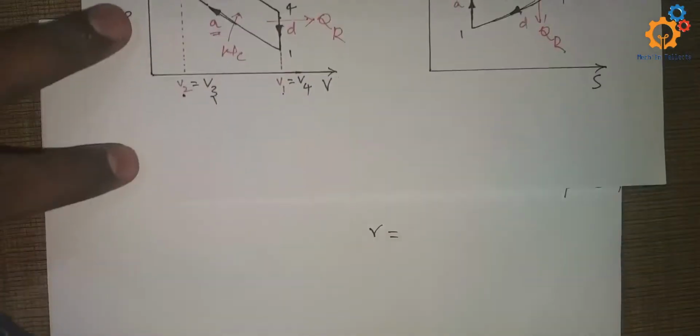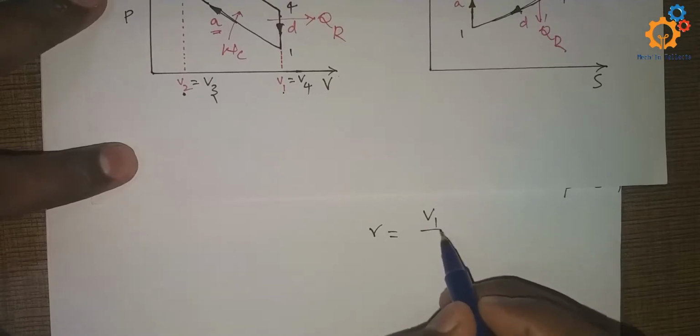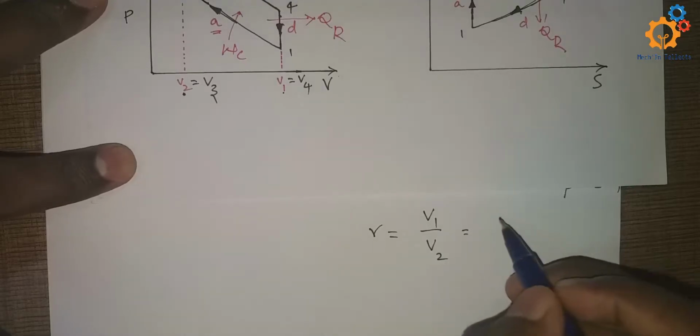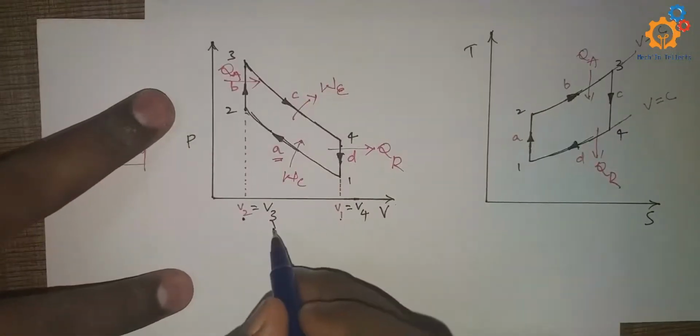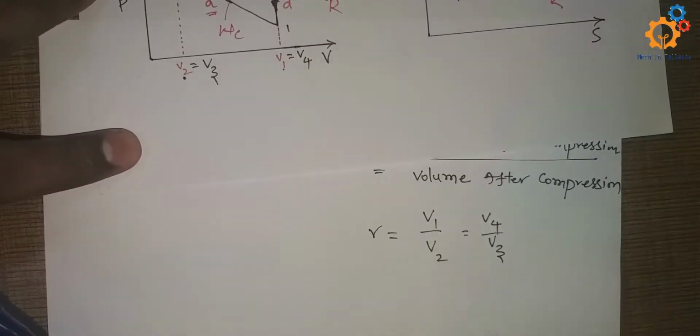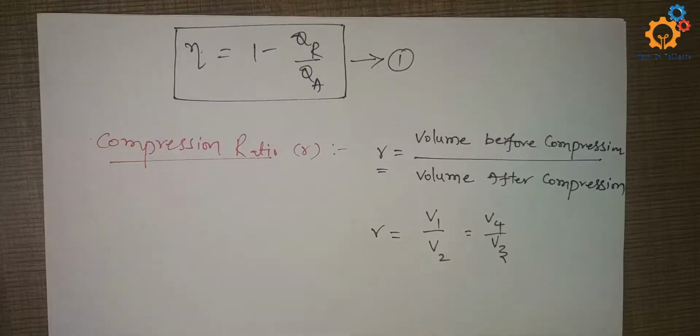Okay, so volume before compression and volume after compression, this may be equal to V4 by V3. So V4 out of V3 is also called compression ratio. Alright.